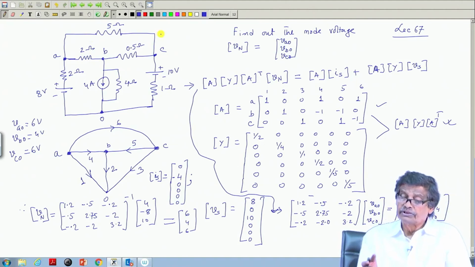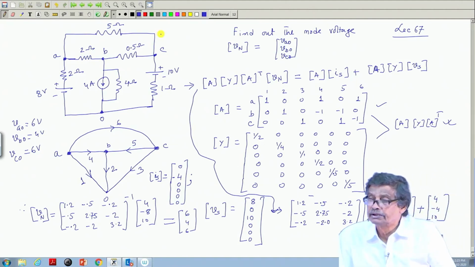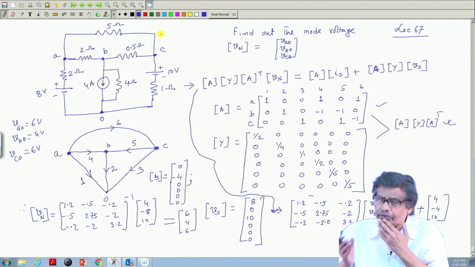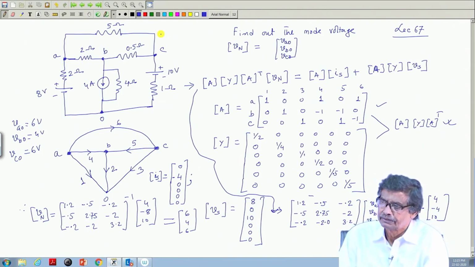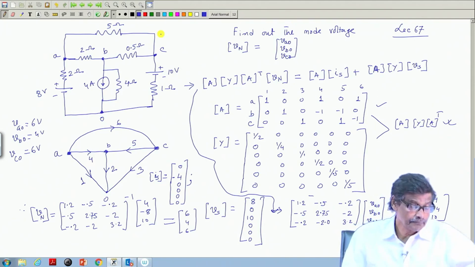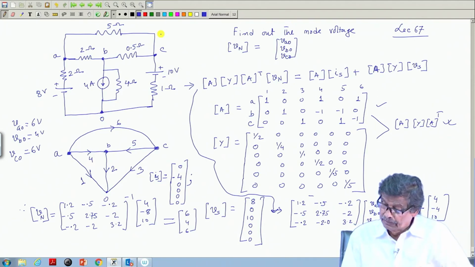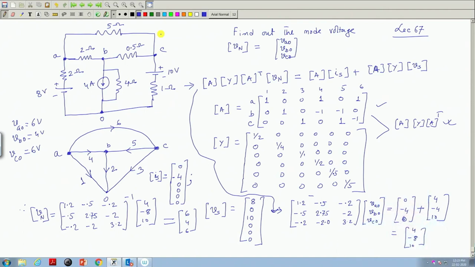So, anyway, after we have got that, I can easily calculate the currents. These are the step by step one has to go through to find out the currents.